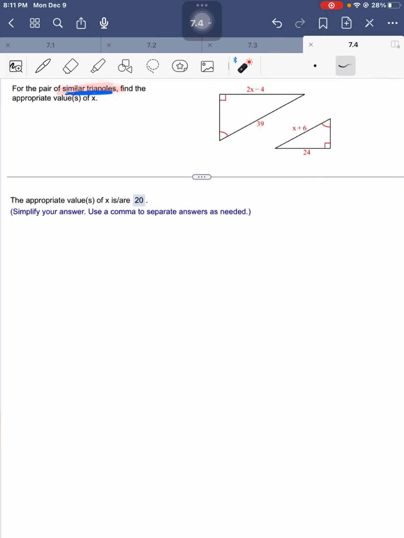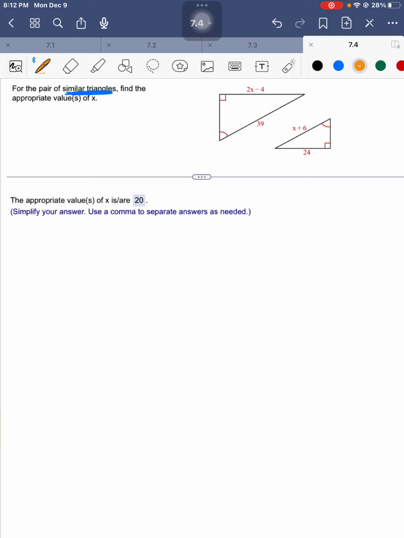Did they even need to tell me this? No, because I have one pair of congruent corresponding angles and a second pair of congruent corresponding angles. So how are these triangles similar? By the AA similarity postulate. So they kind of disrespected us by telling us, oh yeah, by the way, these are similar triangles. It's like, duh, we knew that, man, right?